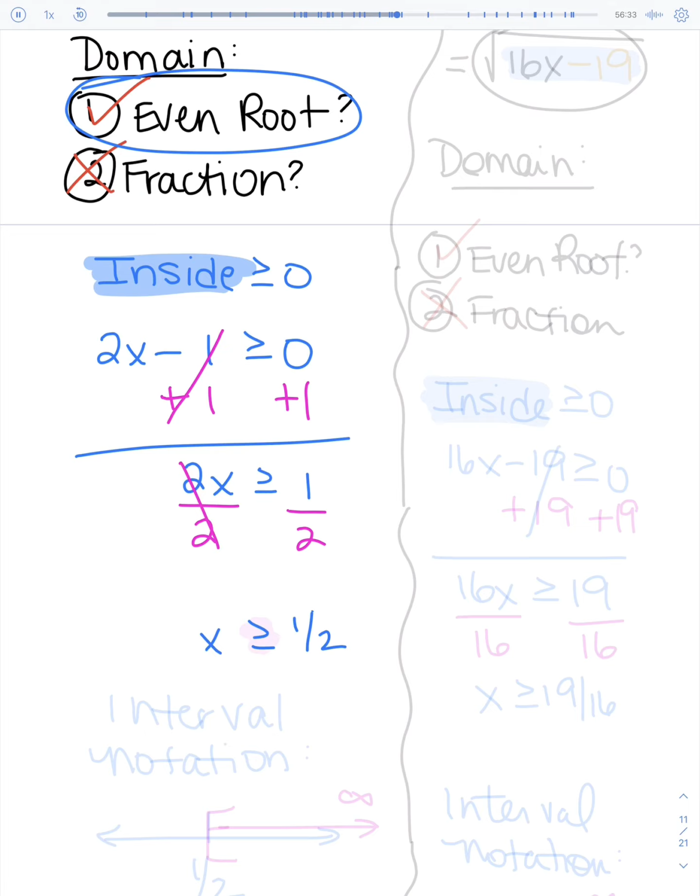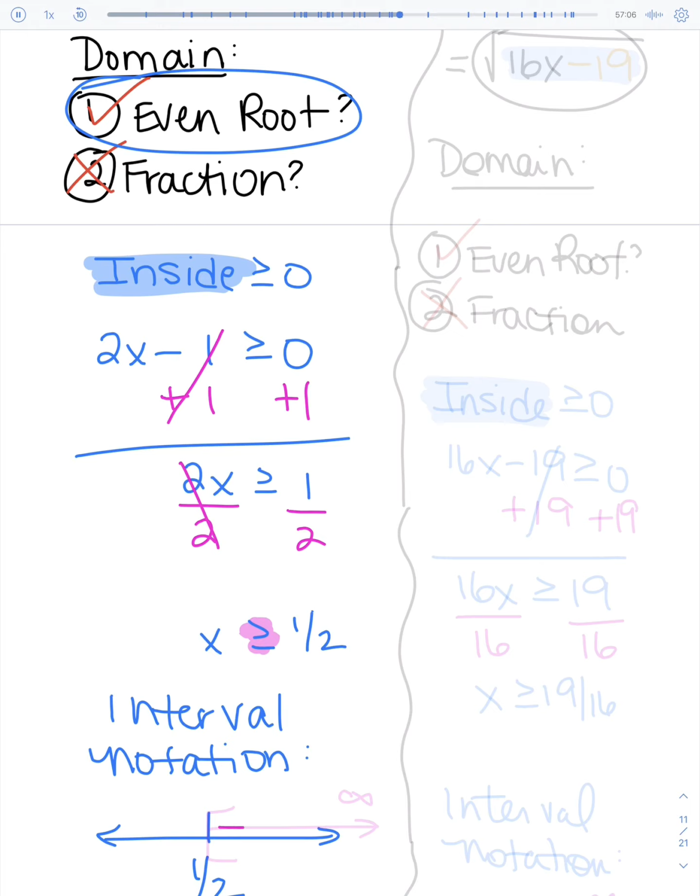The problem with this is that technically we just can't leave our domain like this. Our domain needs to be in what's called interval notation, which means you may want to go ahead and draw out a picture of what this looks like. So drawing this out on a number line, here's our value at 1/2. And because it's got a greater than or equal to symbol, we're going to have a bracket.